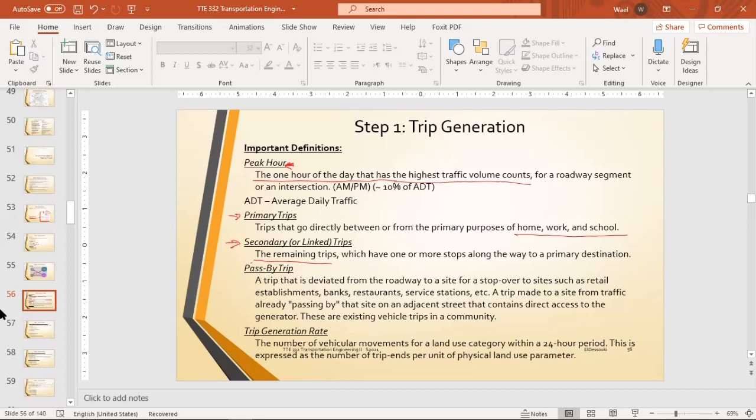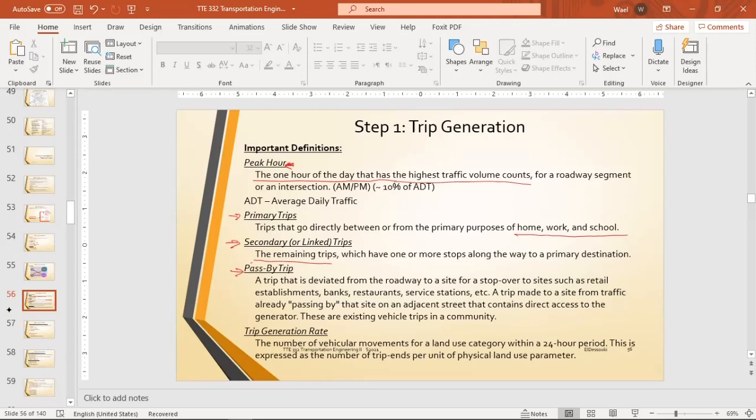That means while you are returning back from work, you stop by a shopping center to grab something on the way home. Those are secondary or linked trips. They can also be classified into bypass trips, a trip that is deviated from the roadway to a site for a stopover, to sites such as retail, as I mentioned before.